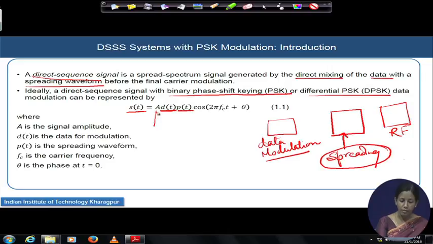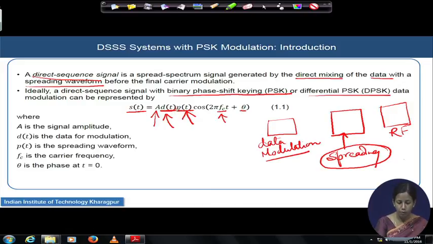The term A is the signal amplitude, d(t) is the data modulation as I have told already, p(t) is the spreading waveform, fc is the carrier frequency, and theta is the phase at time instant t equal to 0.